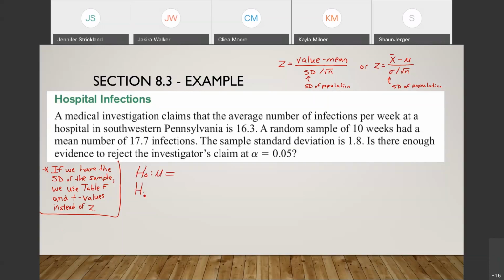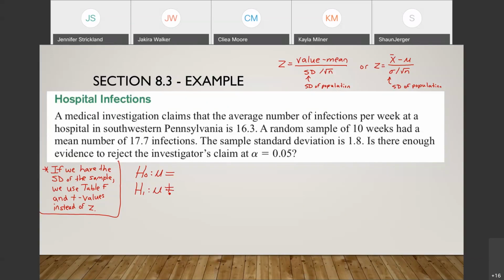But the H1 now, what's it going to look like? If I don't have anything as a keyword, what am I going to use here? The equal sign with the line through it. Good. The not equal to. So that's sort of your default if you don't have a keyword that indicates a greater than or a less than.